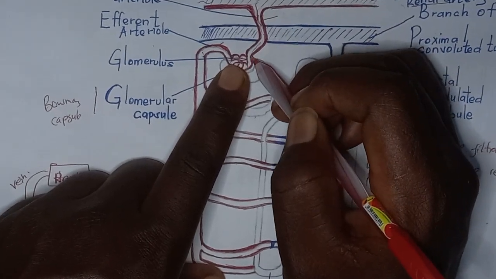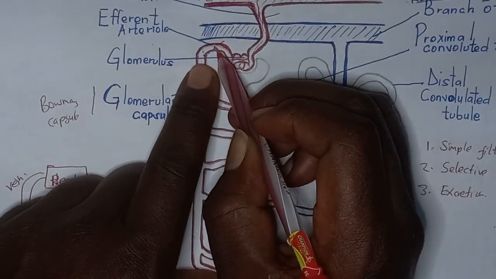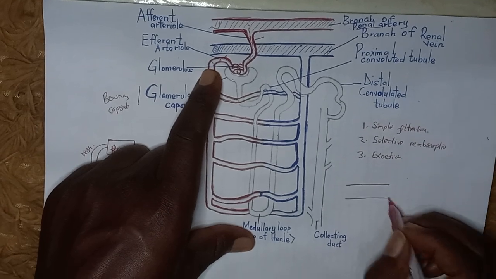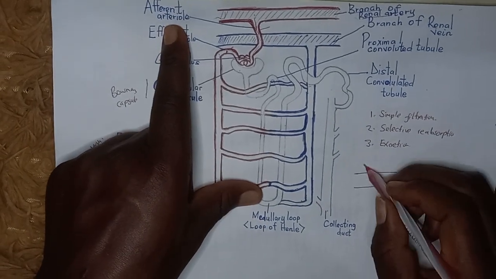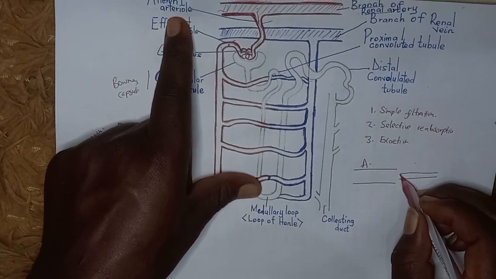This pressure here is blocked by the efferent arteriole, because this afferent arteriole, as you can see, let me try to elaborate. This one is the afferent arteriole. Then this one is the efferent arteriole, which has a smaller diameter.